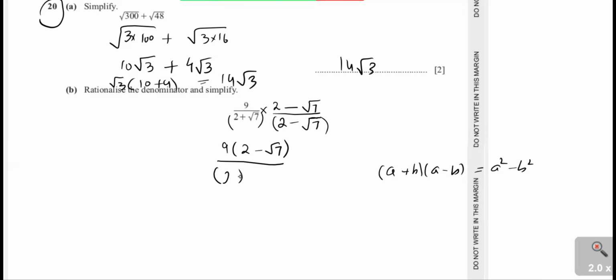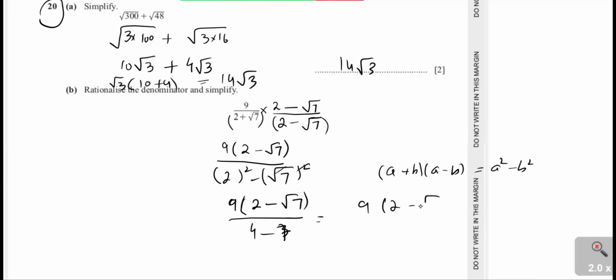According to this, we write 2 square minus square root 7 square, and this will be equal to 9 into 2 minus square root 7. The square and square root will cancel, and it becomes 7. We write 4 minus 7, and this will be equal to 9 into 2 minus square root 7 over 4 minus 7, which is minus 3.